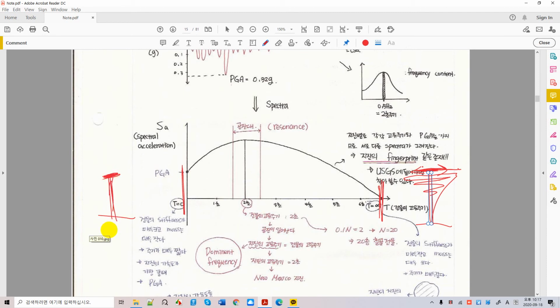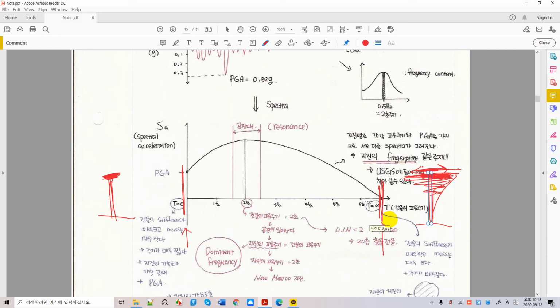Remember, when your period is very short, your building gets very stiff. Whereas your building gets very flexible when it takes a long time to come back and complete one cycle, right? So don't forget the meaning of the T equals 0 axis and the meaning of the T equals infinity axis. Understand? One more time, please.